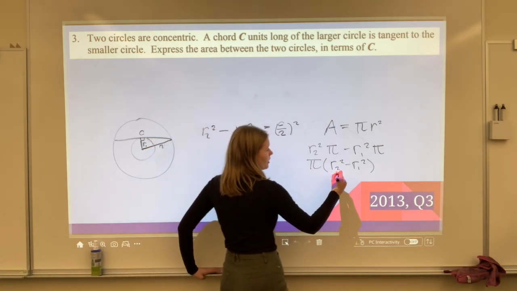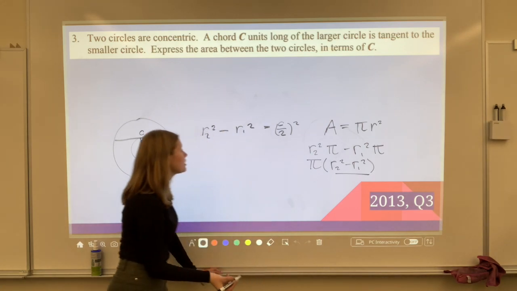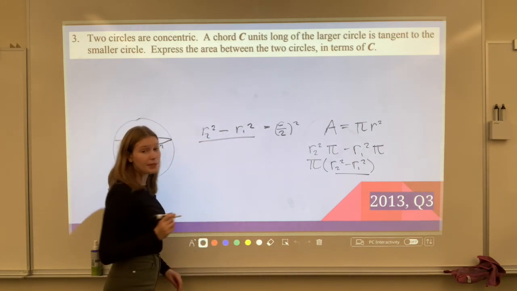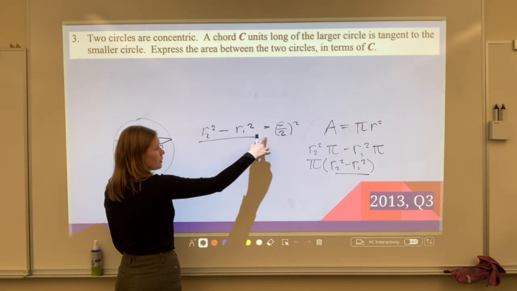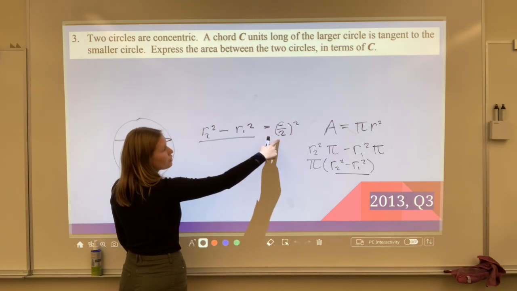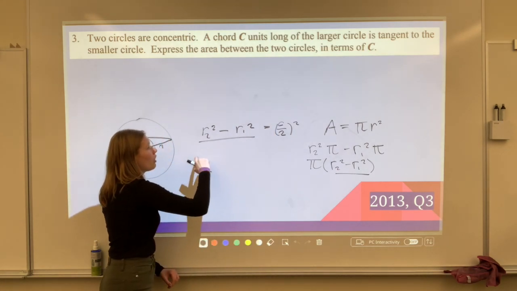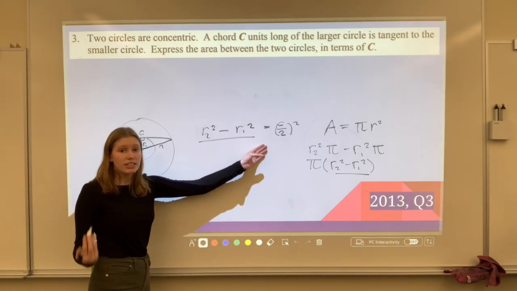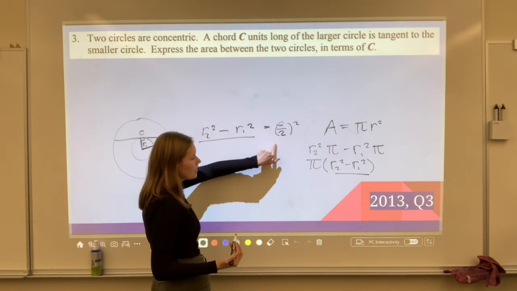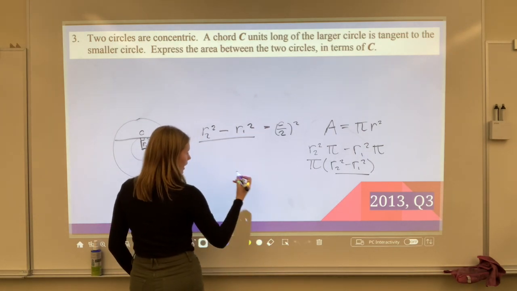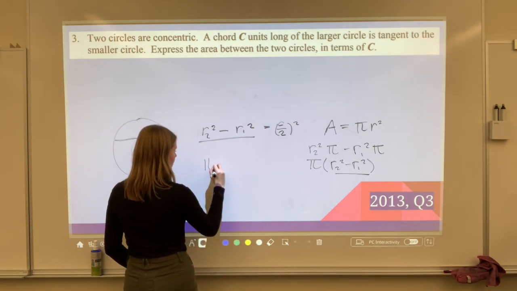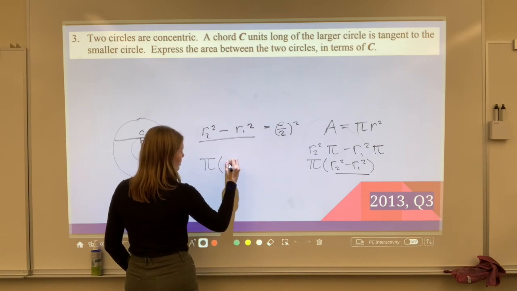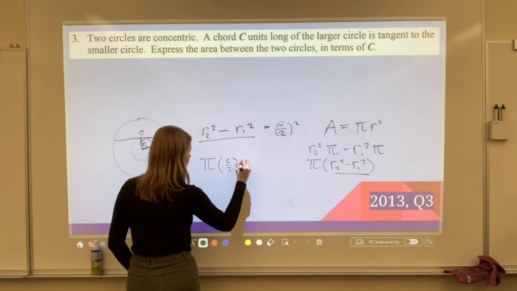Now, you notice we have this, which is equal to this exact value up here. So I'm going to substitute C over 2 squared for R2 squared minus R1 squared because we're trying to find the difference in areas in terms of C. So we substitute that and say pi times C over 2 squared.